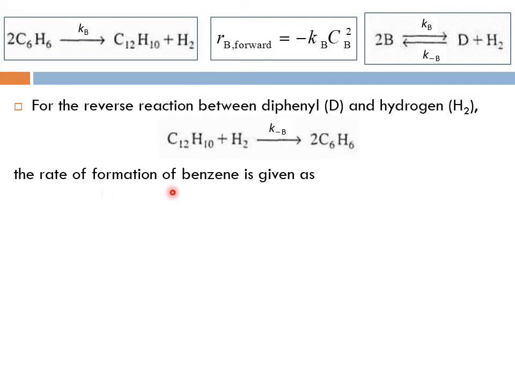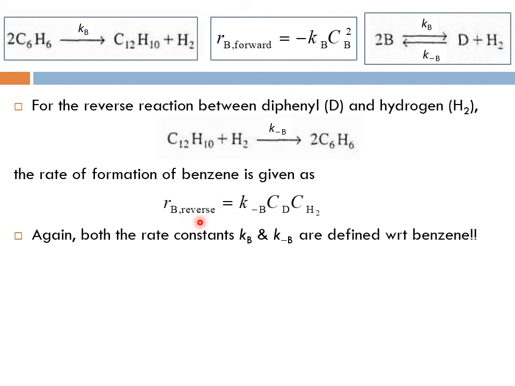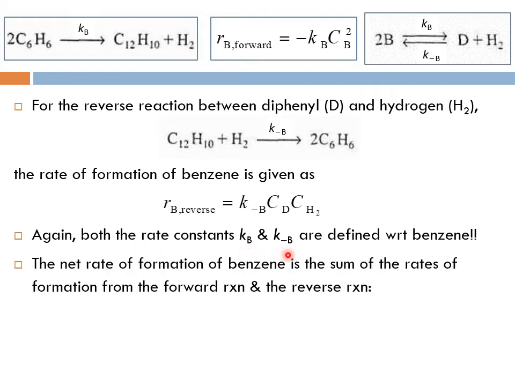The rate of formation of benzene is given as, again the reaction is elementary, r_B reverse equals k_-B times the concentration of diphenyl raised to the power 1 times the concentration of hydrogen also raised to the power 1. Again we have here r_B reverse, the rate of formation of B through the reverse reaction. Again, both the rate constants k_B and k_-B are defined with respect to benzene.